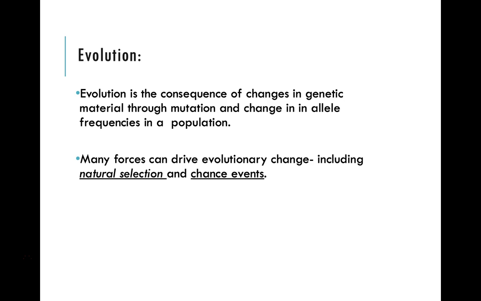You have now observed a change in that population, but not due to natural selection, due to some sort of chance event. So there are a couple of different types of chance events that can affect the evolution of a population, as well as any selection pressures that happen to be occurring in the environment.